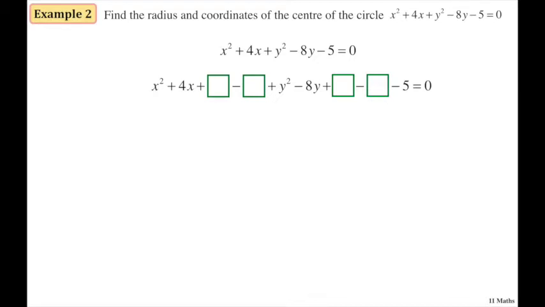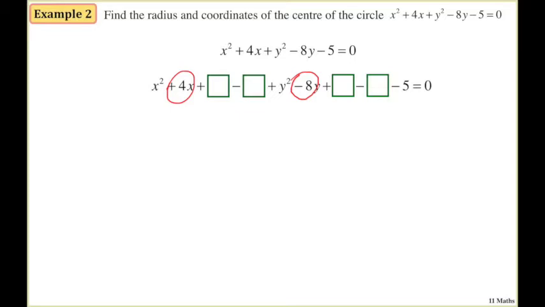Now remember, when you're completing the square, for the x boxes we take half of the number in front of x. Half of 4 is 2, and then we square it. 2 squared gives 4. In the second set of boxes, we take half the number in front of y.